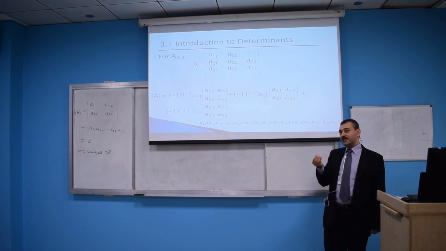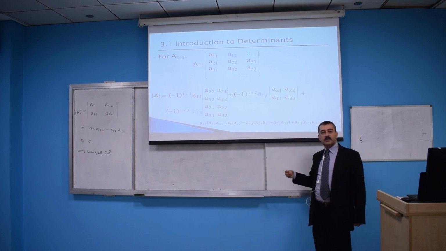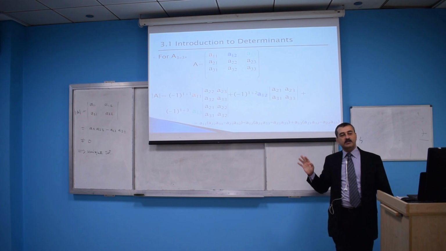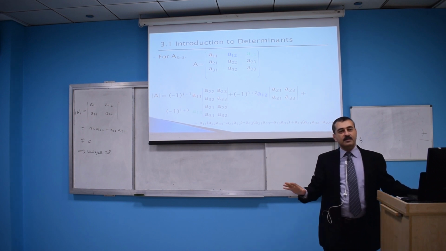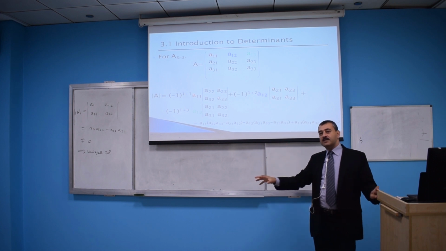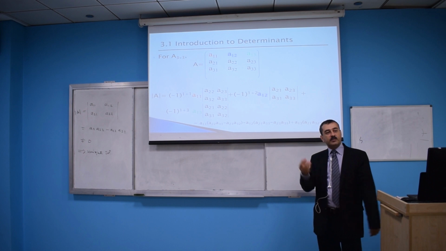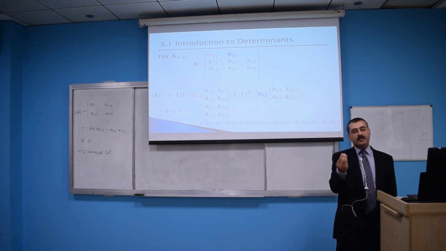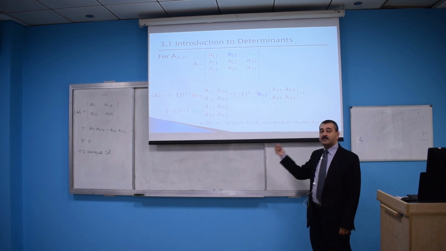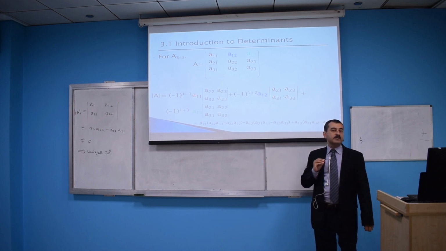But if the determinant is not 0, it means that you can get all your pivots, so you'll have a unique solution. Okay? So this is the first relation between determinants and matrices. The determinant is a function defined on the matrix. You get a scalar value from the matrix, and this scalar indicates whether or not you have a unique solution for your system. Okay?